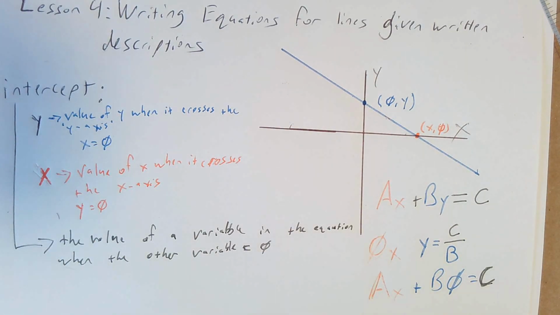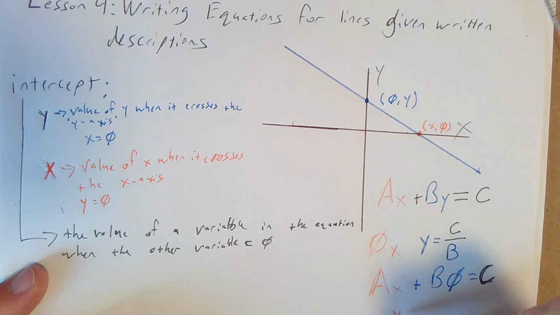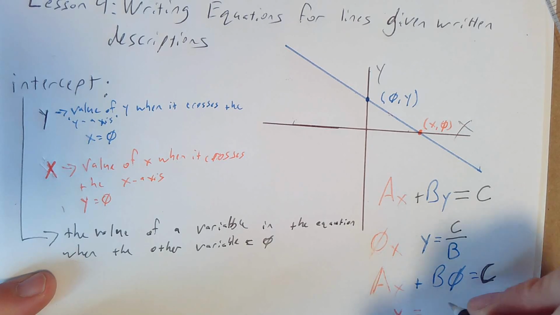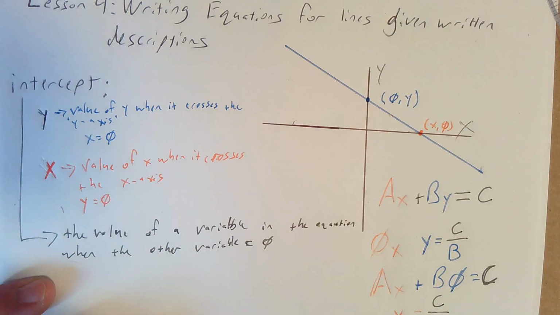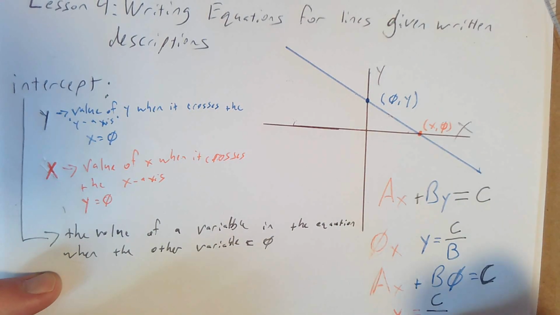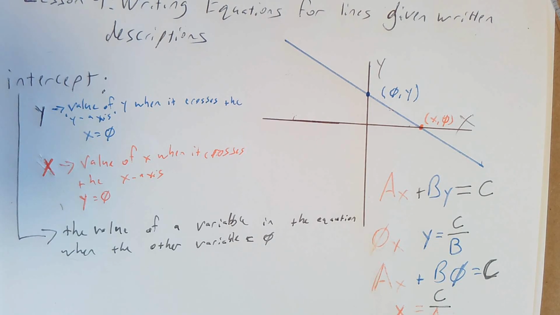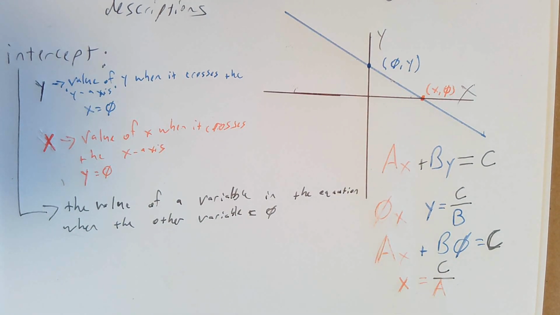Then our x-intercept is going to be whatever c divided by a is, which is going to be a constant. It might be a fraction, but it's still going to be a constant.